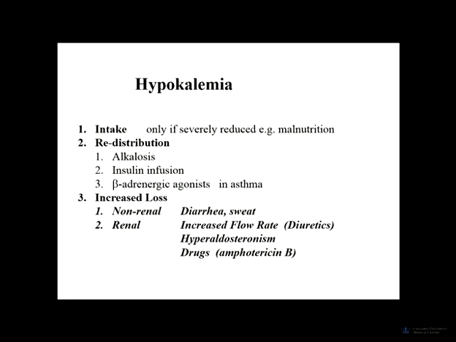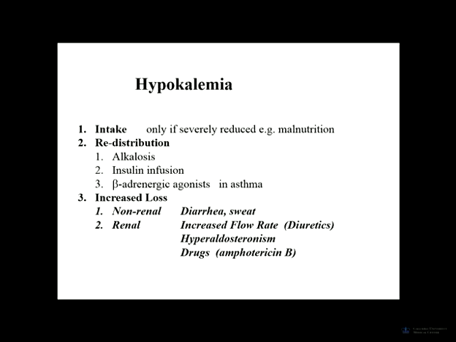In the kidney, the most common cause of hypokalemia by far is the effect of diuretics, because diuretics, as I will explain in a couple of days, decrease sodium and water reabsorption in the thick ascending limb or the distal tubule, and therefore increase the urine flow rate to the collecting duct.